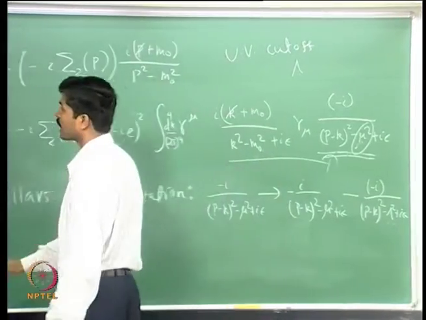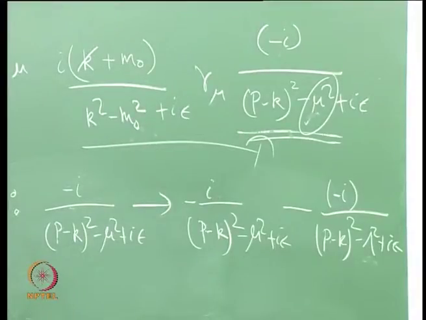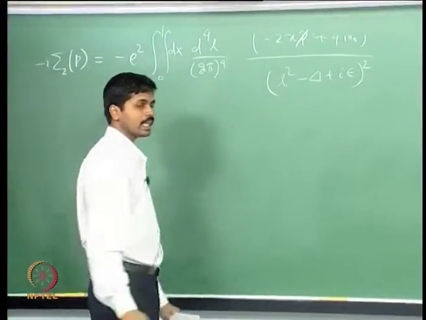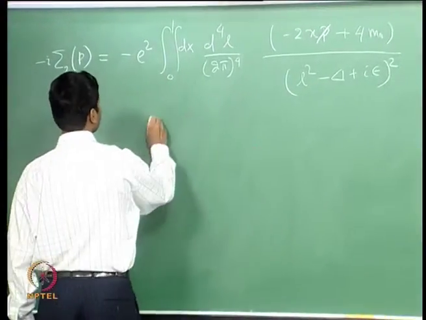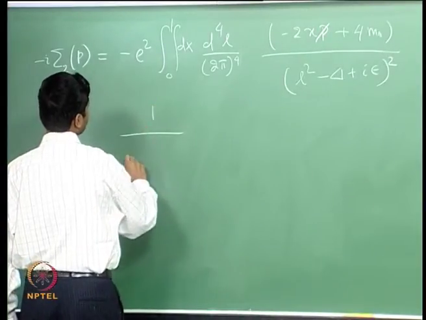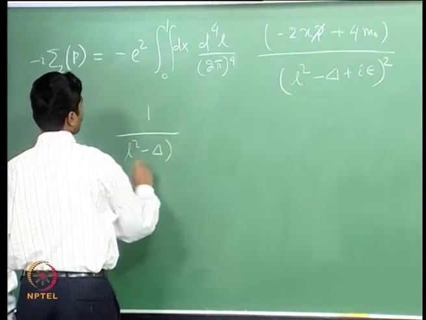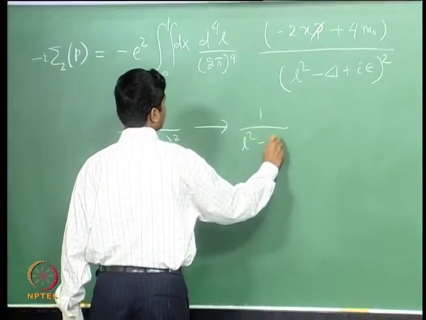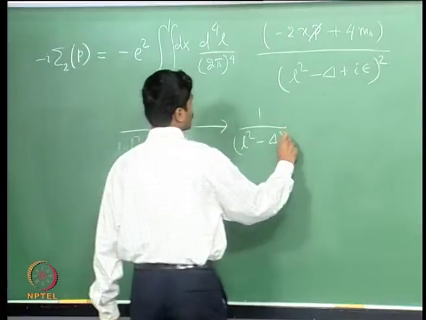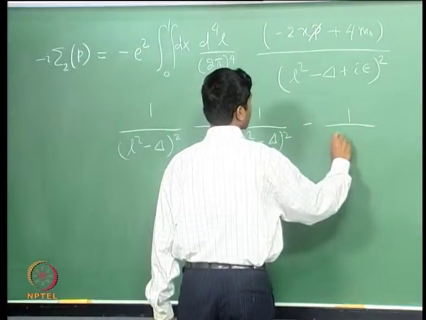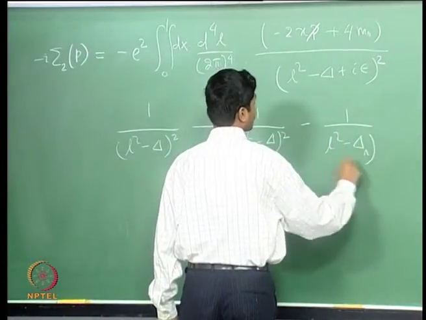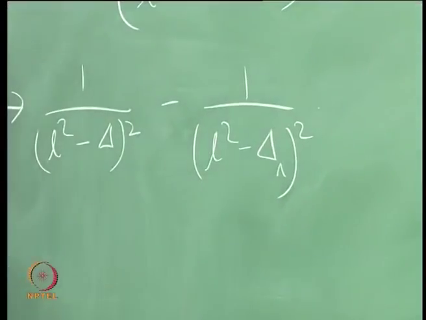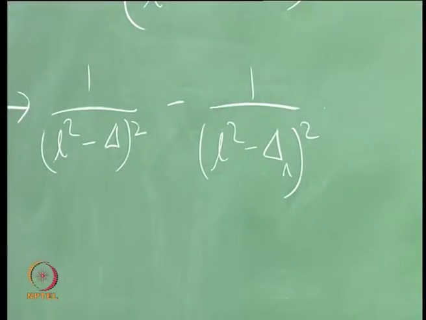So what you will have here is again everything exactly as it is, but instead of 1 over L square minus delta whole square, what you will have is 1 over L square minus delta whole square minus 1 over L square minus delta lambda. I will denote whatever the quantity to be delta lambda. So this is what you will get.